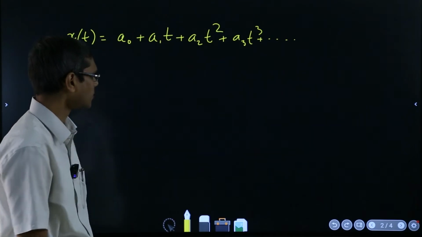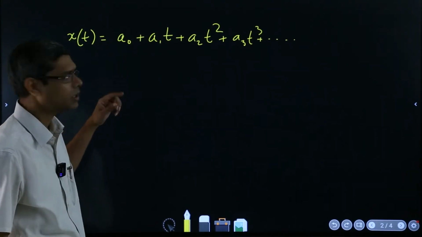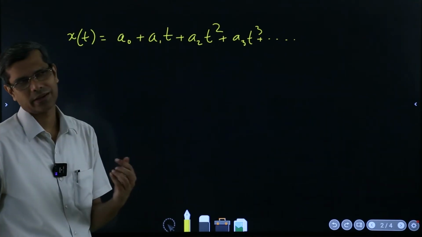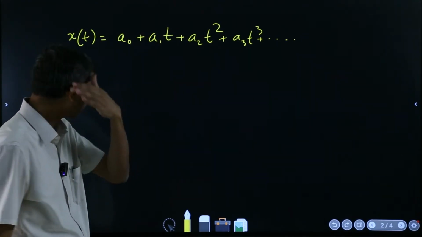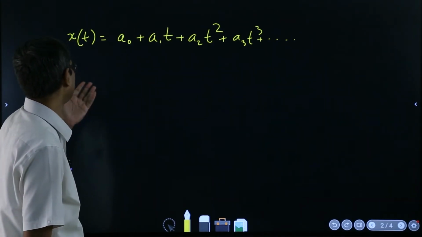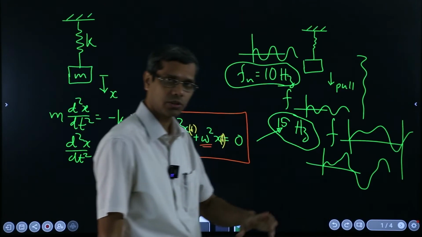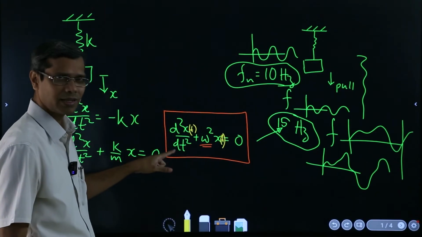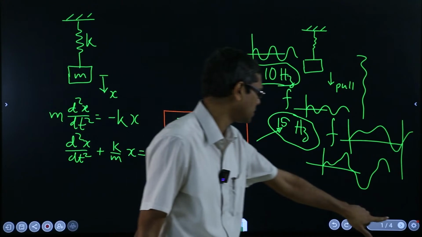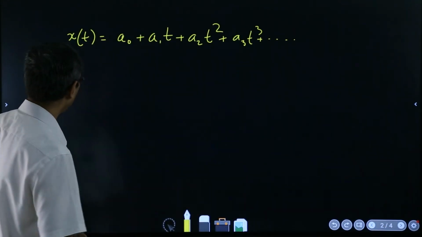That's a reasonable assumption, which I call a systematic assumption, that it's a continuous and good natured function of time. Now you just have to substitute this in this equation and try to figure out these constants. So that's what we are going to do.